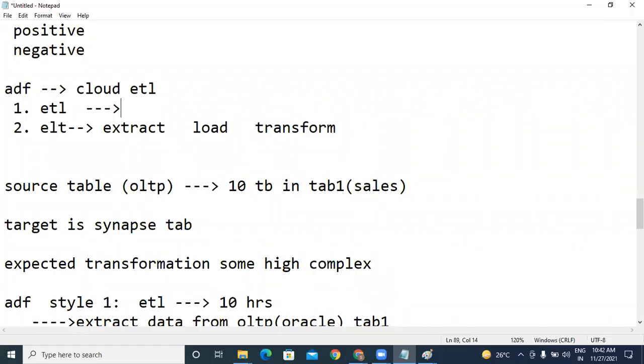But please tell me, in a single line, in shortcut, when do you recommend I go for ETL, when do you recommend I go for ELT? A simple answer is small volume, ETL. Big volume means ELT. Multi-terabytes or petabytes like that.